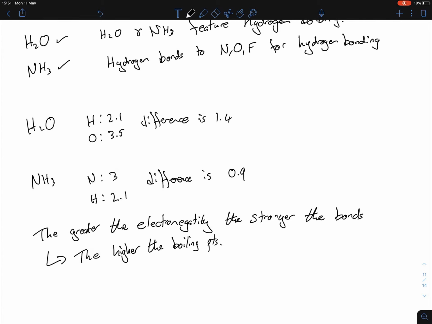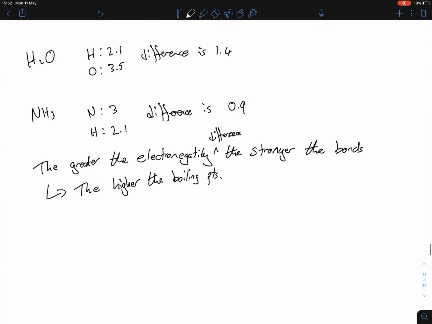So that was fine for that one. All I need to say for that was the electronegativity difference there was greater for water than it is for NH3, and the greater the electronegativity difference, the stronger the bonds, and therefore the higher the boiling points. So that's 2010 done.